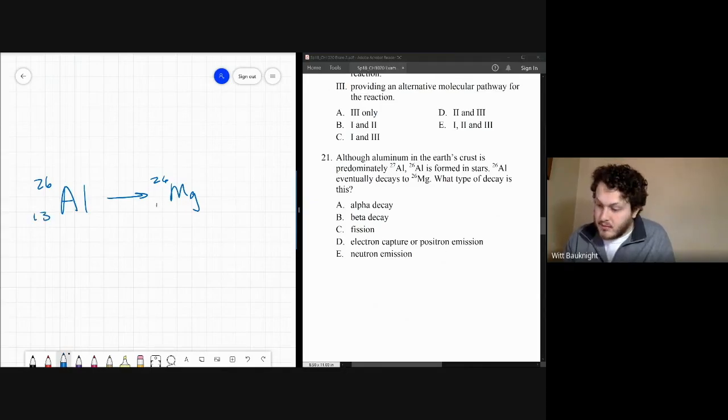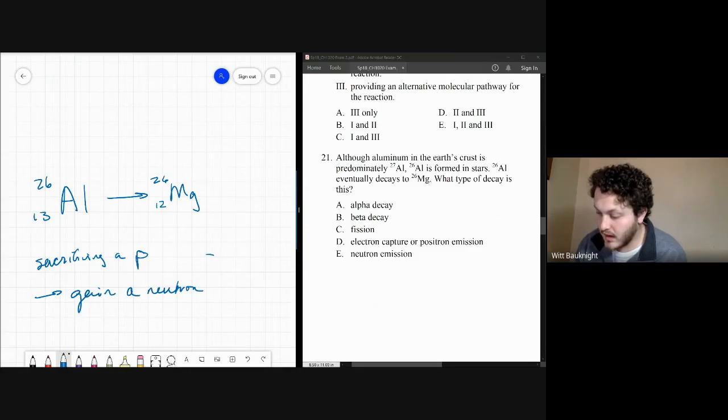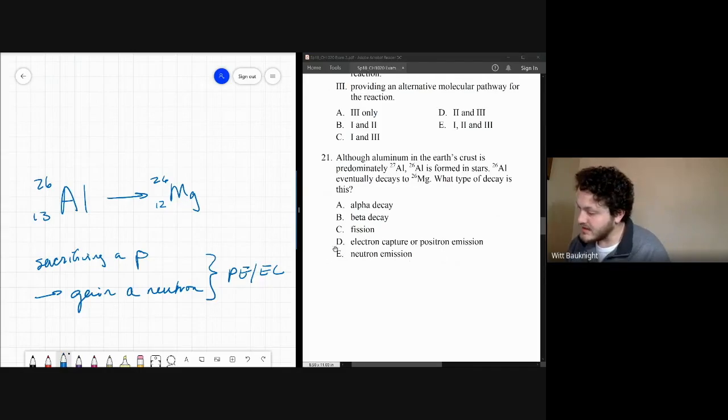Magnesium has an atomic number of 12. So what does that tell us? That this reaction is sacrificing a proton in order to gain a neutron. And that is positron emission / electron capture. So the answer to this is D.